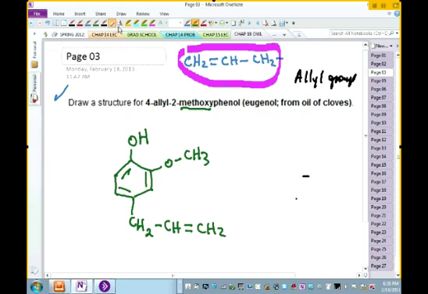Okay. Supposing this is what I have. And then this here. What would be the name of this compound? 4-bromo. Okay.